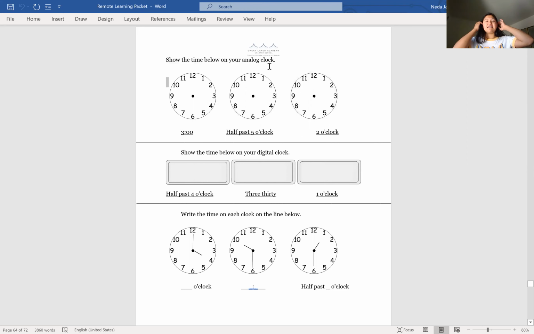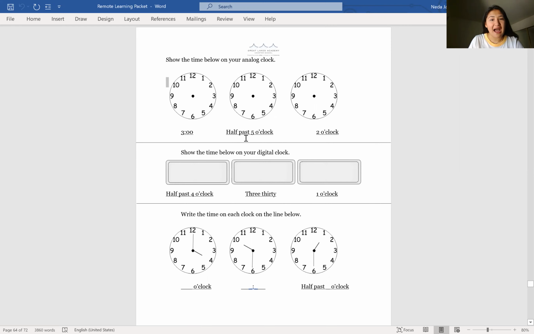So we see 3 different analog clocks right here and 3 different times. This one says 3 o'clock. This one says half past. Remember what half past means from yesterday. Let's read it one more time.